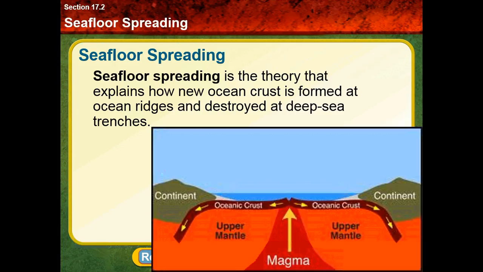In this case, a ridge is a little bit of a mountain, but mostly it's a rent or a tear in the crust. That's because this is where the magma is warmer and it's rising up towards the surface. So new crust is getting created in this area because as the seafloor gets pushed apart, the magma comes up, it cools when it gets towards the surface, and it hardens into rock.